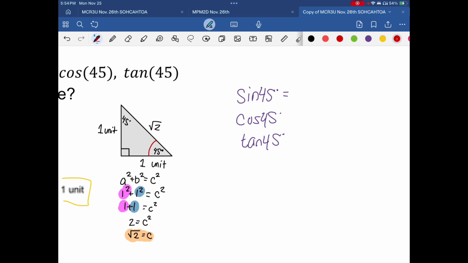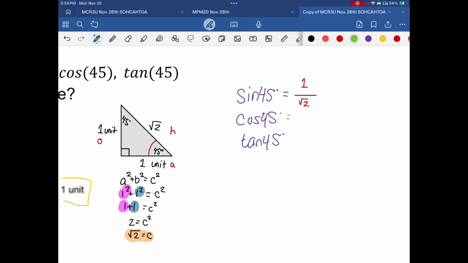So my opposite, adjacent, and hypotenuse. So I have opposite, which is 1 over root 2. The next one I have, again, I'll use that same 45-degree angle, but it honestly does not matter which angle I picked.